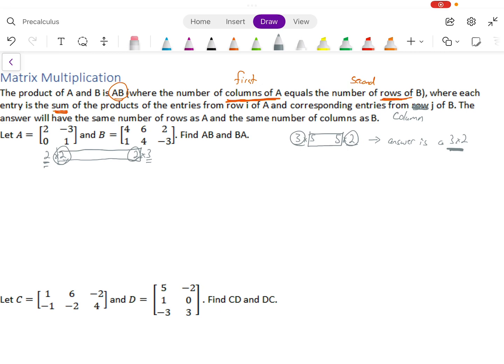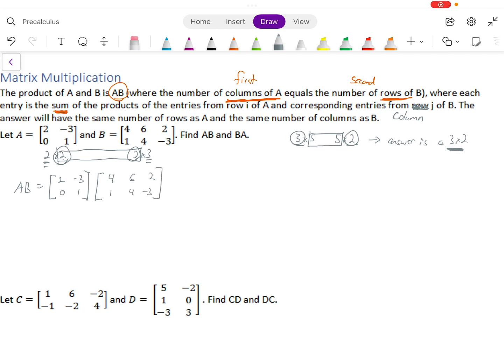So A times B will equal, and we're going to write them right next to each other, 2, negative 3, 0, 1, that's A, multiplied times B, which is 4, 6, 2, and 1, 4, negative 3.